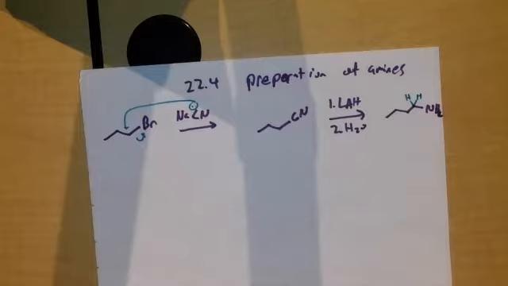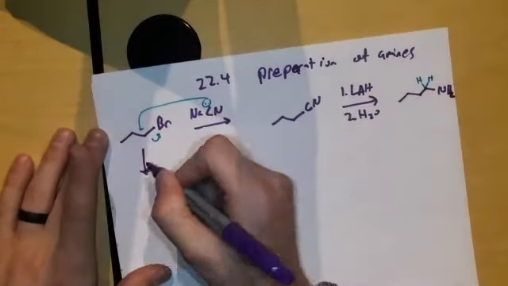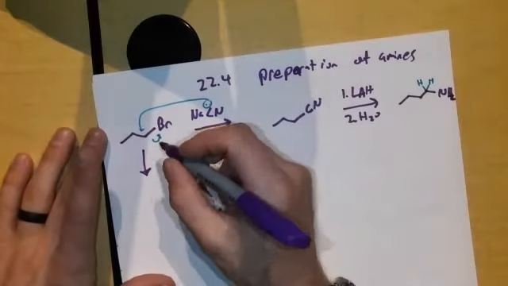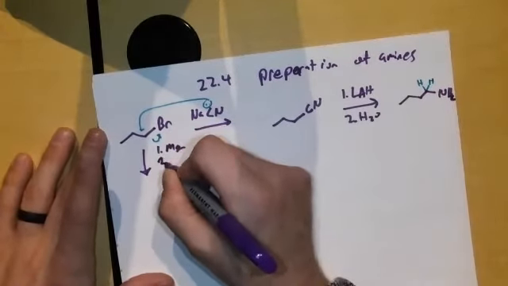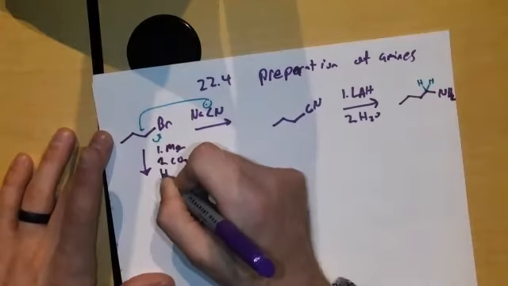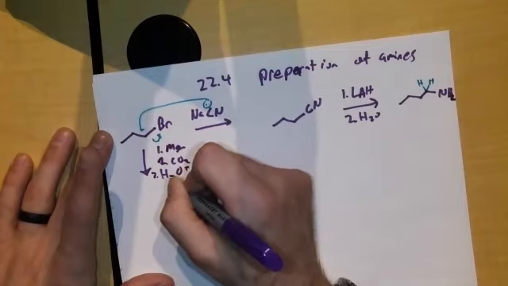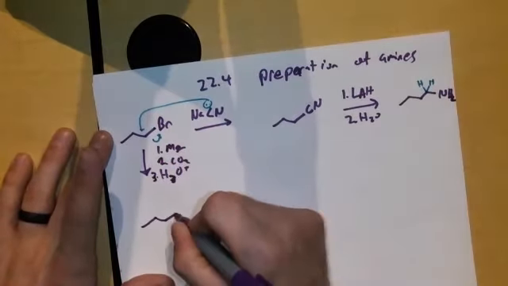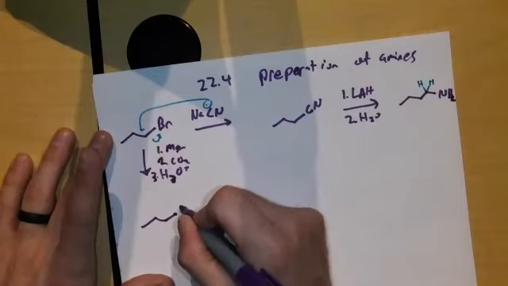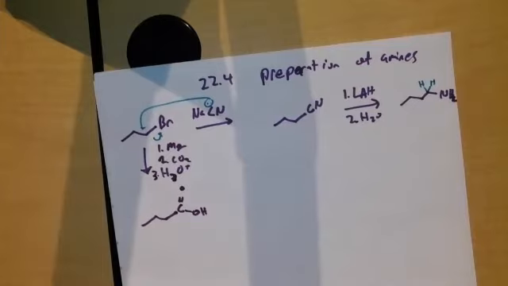Another pathway we could go to get to an amine would be very similar, throwing in magnesium, CO2, H3O plus can give us a carboxylic acid.